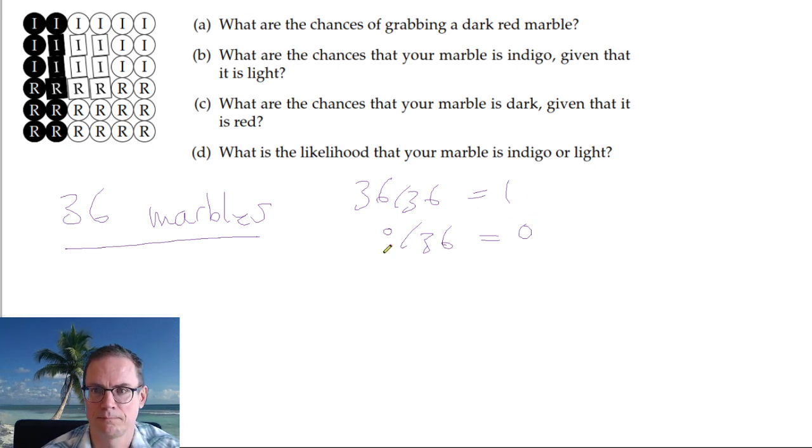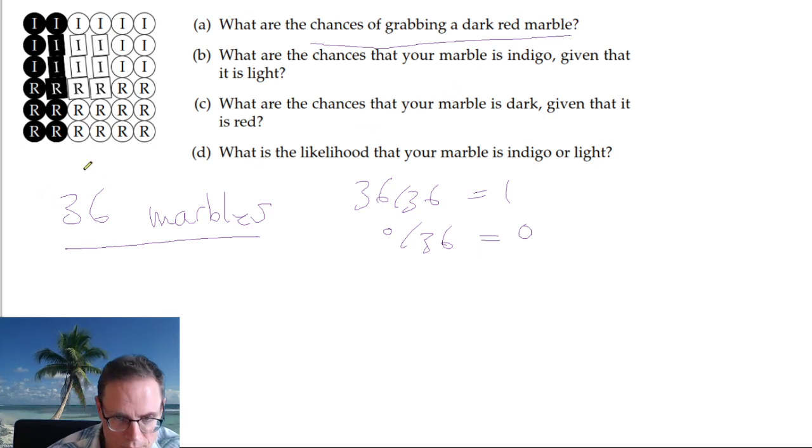All right, so all the probabilities we're interested in are in between the sure thing and the impossible event. And we can just do the math, right? We can look at 36 options, and then we can look at certain events, like the event of grabbing a dark red marble. All right, so the 12 marbles on the left side are dark, the 24 white are light, and then the lower half is red, and the top half is indigo, and most of them are round, but there are 9 square marbles, believe it or not, square marbles.